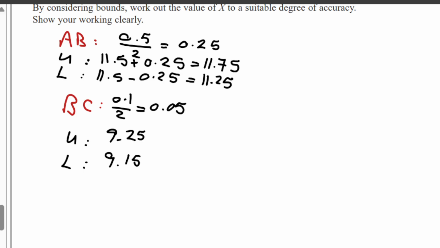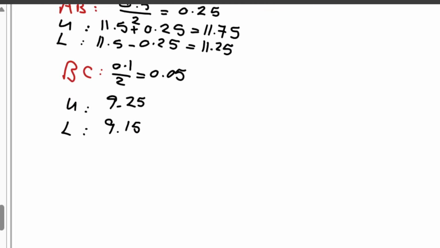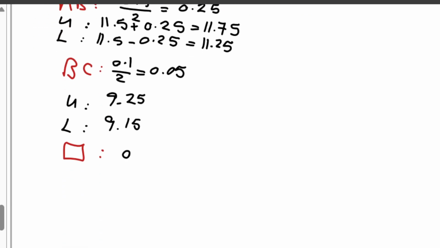Finally, the square inside here. So the square, 4.1 to 2 significant figures. So 2 significant figures is 1, 2. So this place value is 0.1. So we will also do 0.1 divided by 2, which is 0.05.